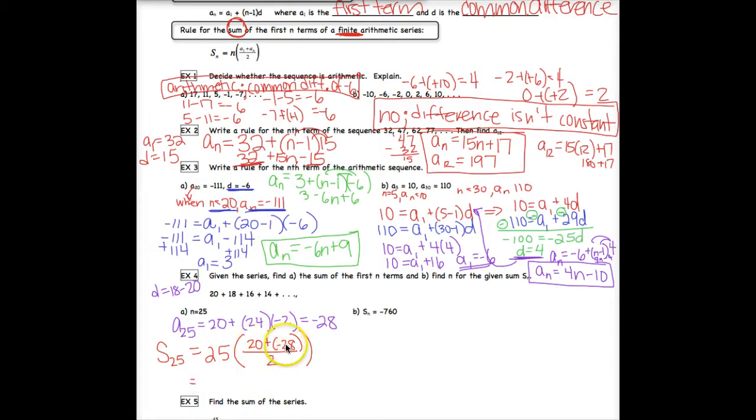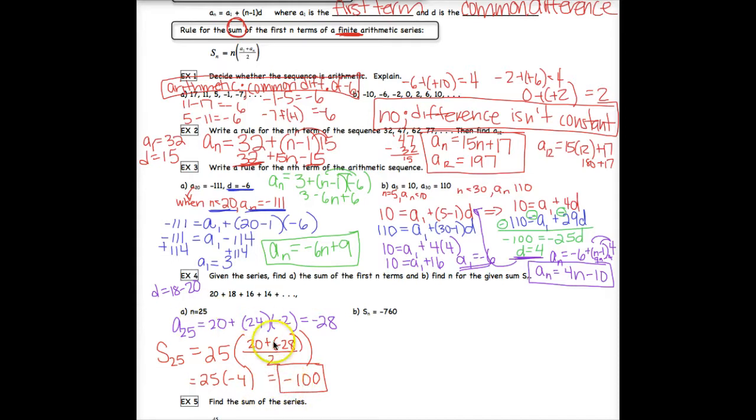So 20 plus negative 28 is negative 8, divided by 2 is negative 4, so that gives me 25 times negative 4, which gives me a final answer of negative 100 for part A. So the sum of the first 25 terms would be negative 100.